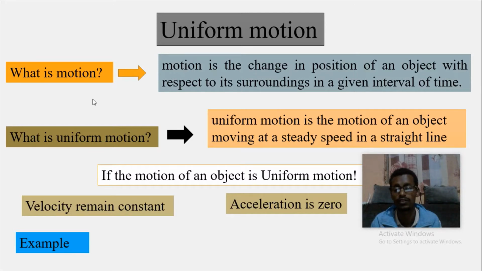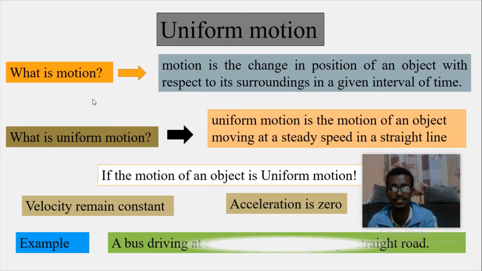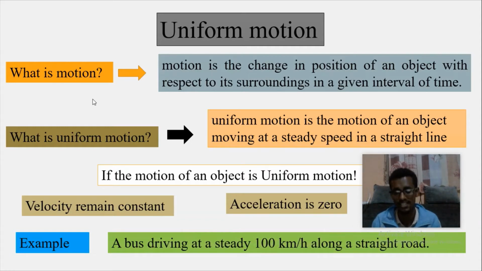If there is no change of velocity, acceleration is also zero. You should remember this one. For example, a bus driving at a steady 100 km per hour along a straight road. But if it is along a curved road, it won't be uniform motion. I think it is clear.